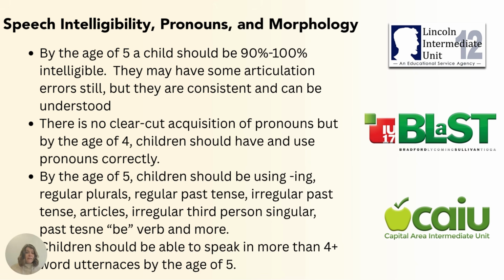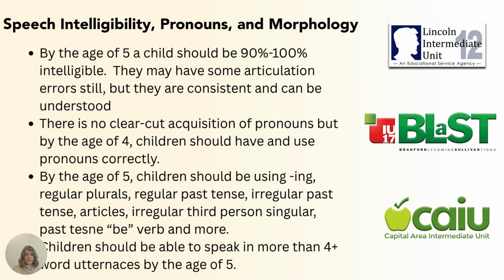I'm seeing many, many students that have difficulty with their pronoun use. We're seeing them say me or my instead of I. We're seeing them use her and him instead of he and she in the beginning of sentences. So that's something that for sure impacts our students, and that seems to be a shift that we're seeing right now.